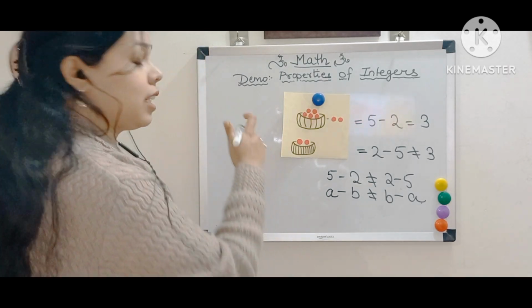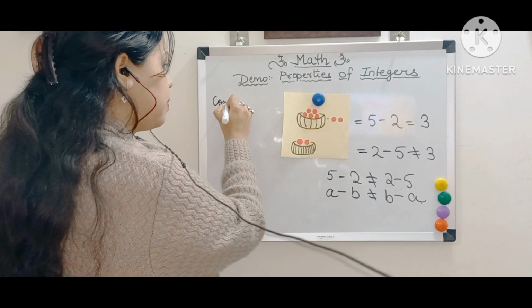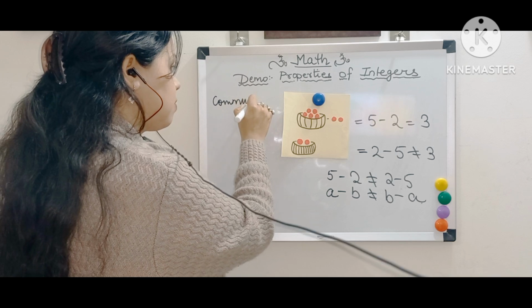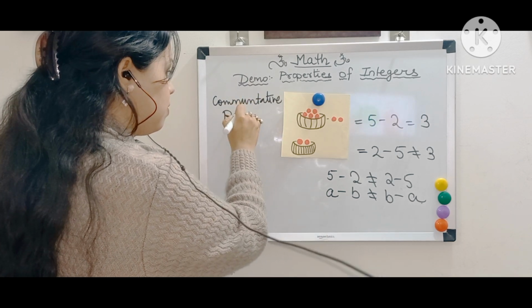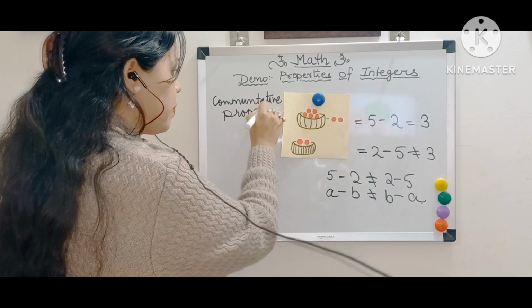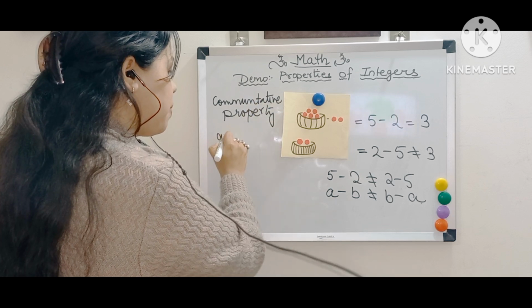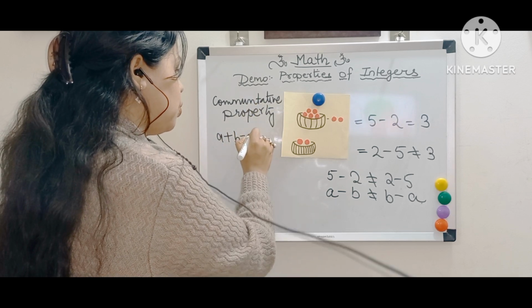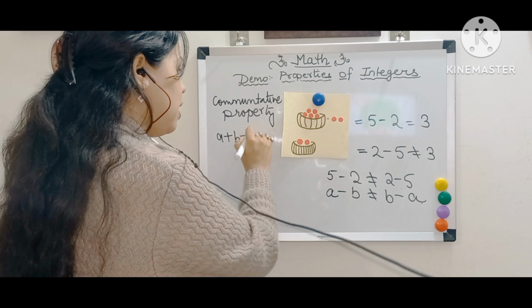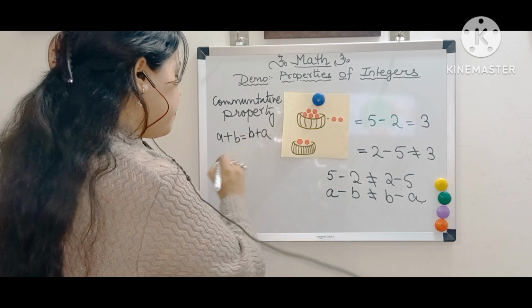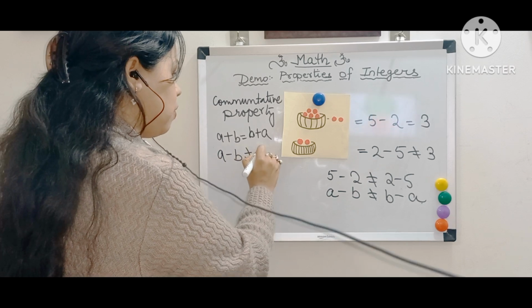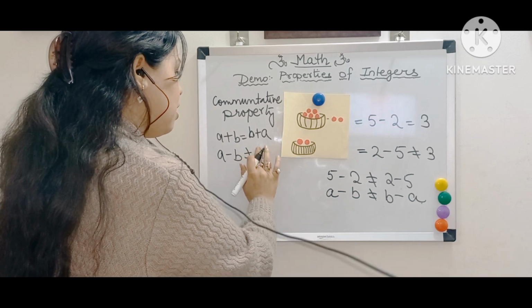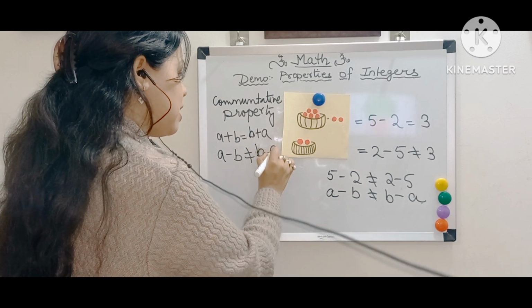That means in the commutative property, A plus B equals B plus A, but A minus B is not equal to B minus A.